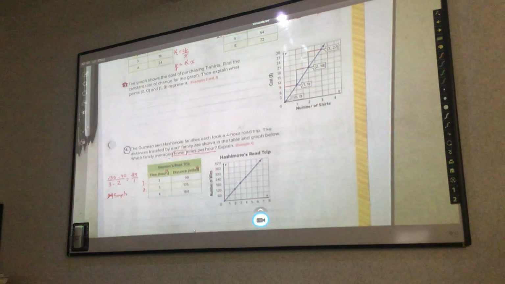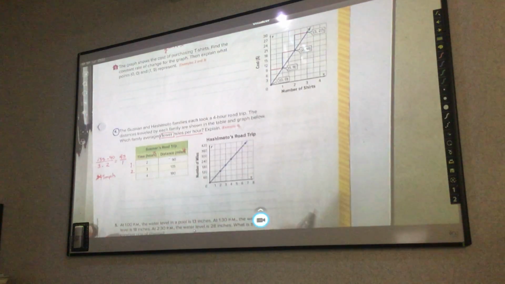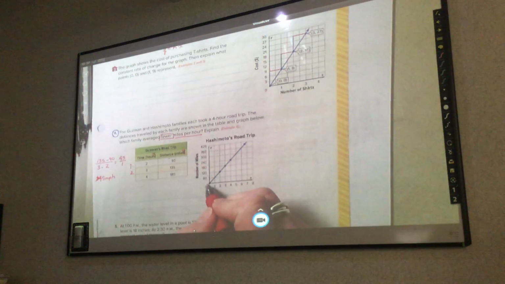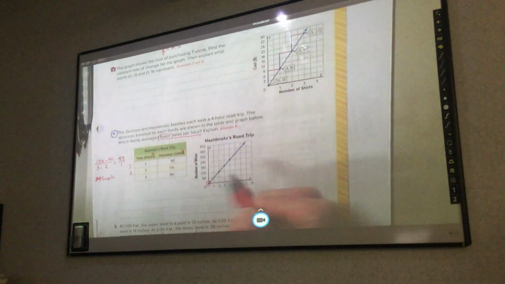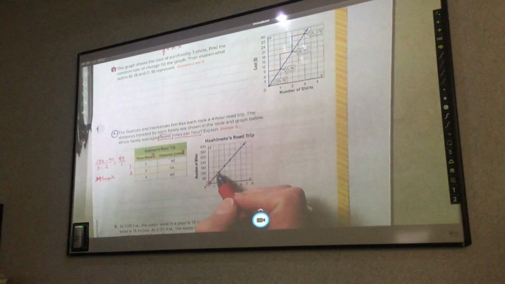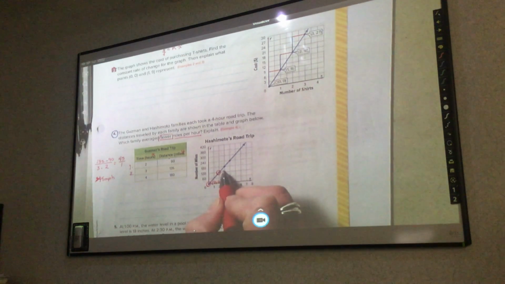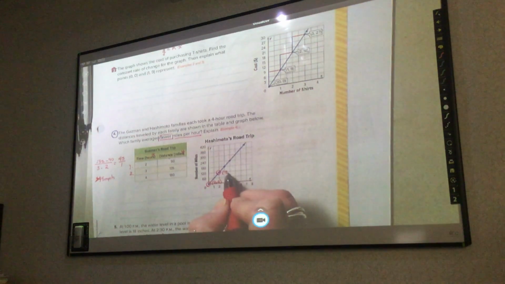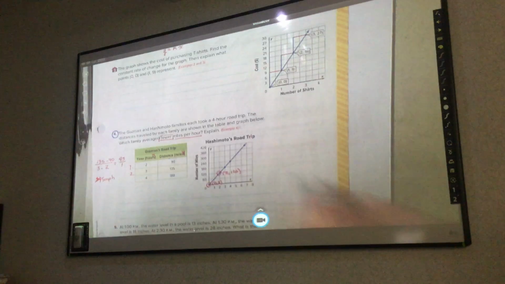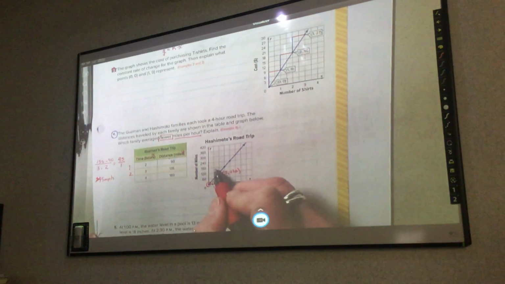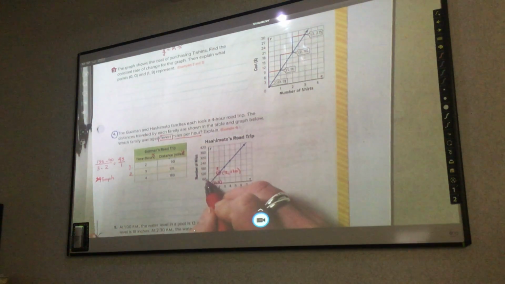Then I'm going to pick 2 points on the graph. I'm going to start with my 0, 0. You could have started with this one right here. This is 0, 0. This one is over 2 up to 120. So these are points 2, these are points number 1.